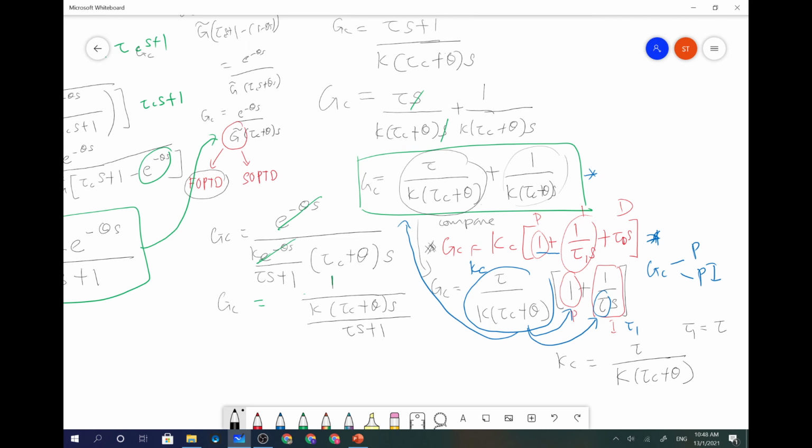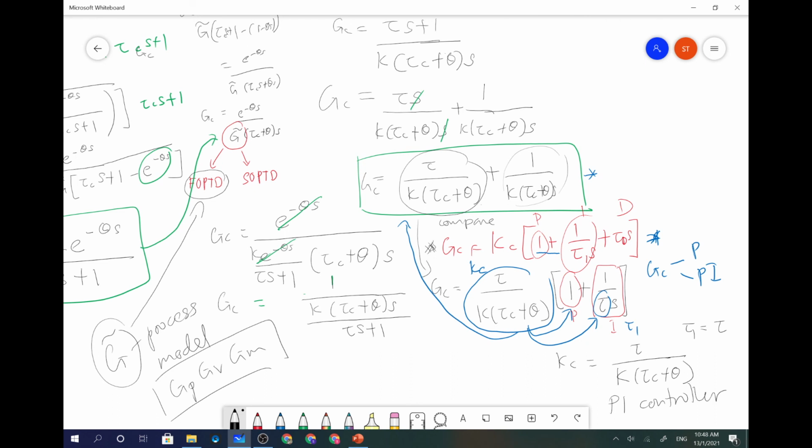Our G here, we call it the process model. It came from GV, GP, and GM. So when we have a first order process model, we will get a PI controller. Why PI controller? There's only P and I.